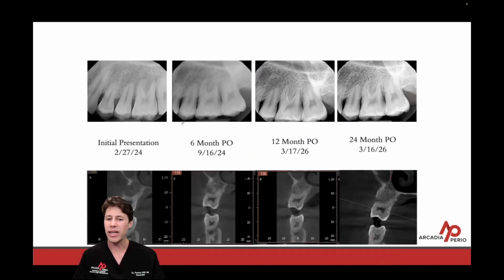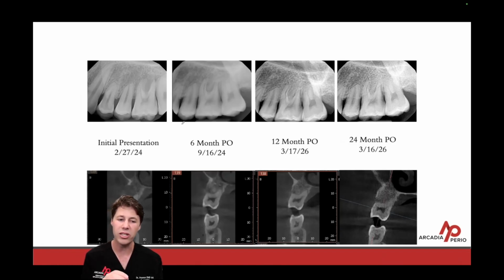And now let's look at it over a timeline, right? I think this slide is the most important slide in tonight's presentation. Looking at that osseous defect on the buccal aspect of tooth number 14 and continuing to watch the bone grow and regenerate and ossify and densify over time.